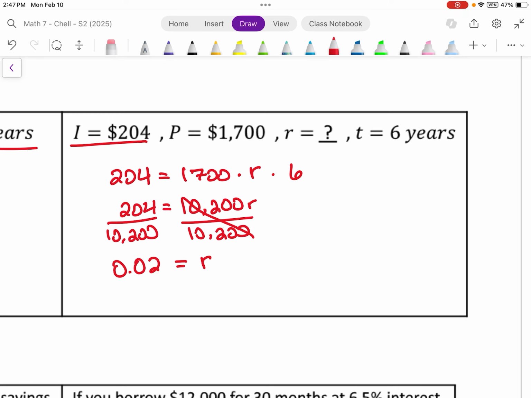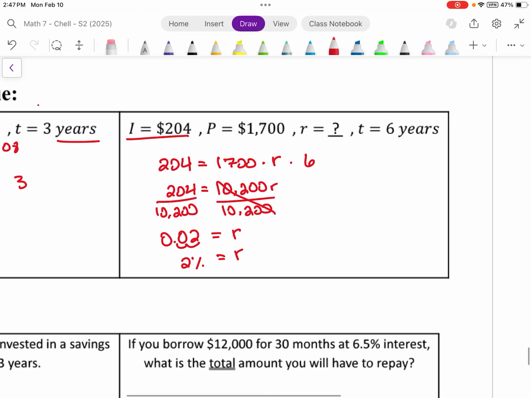But now that we're looking for the interest rate, we want to convert that back into a percentage. So our R is going to equal, remember, if you jump 2 spaces to the left to convert from percentage to a decimal, you're going to do the opposite if you want decimal to percentage. So you're going to jump 2 spaces to the right. So we're going to get 2% equals our interest rate. Okay, nice job, you guys.